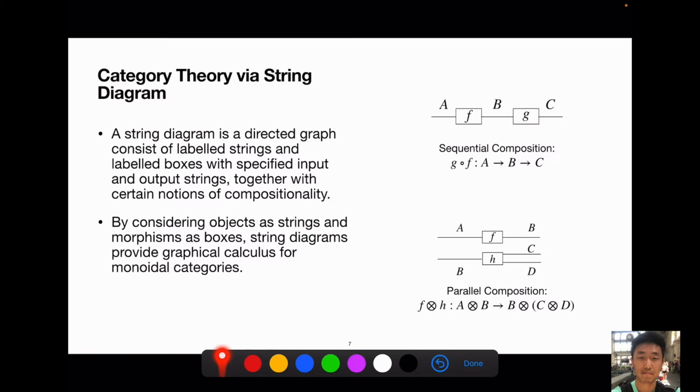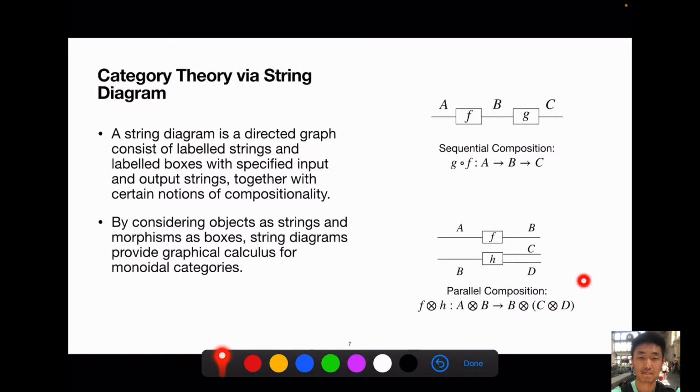If we think in terms of the category of sets, then F and G would be functions between sets A, B, and C, and the sequential composition is just the usual sequential function composition.